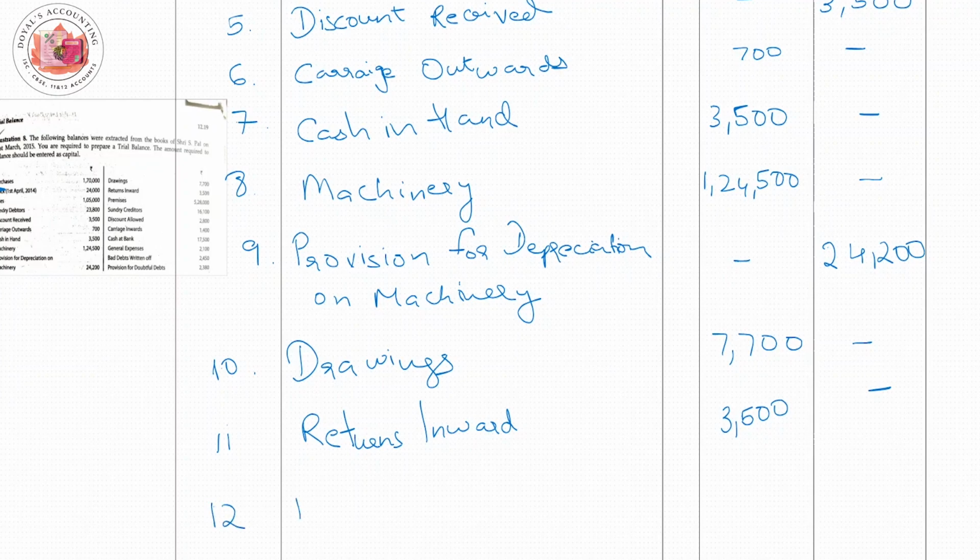Premises is nothing but an asset for the company. 5,28,000. Now we have sundry creditors. Sundry creditors, as you know, is a liability to the company, so it will have a credit balance. 16,100.